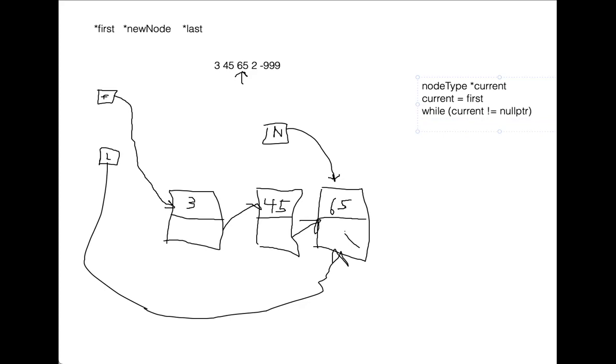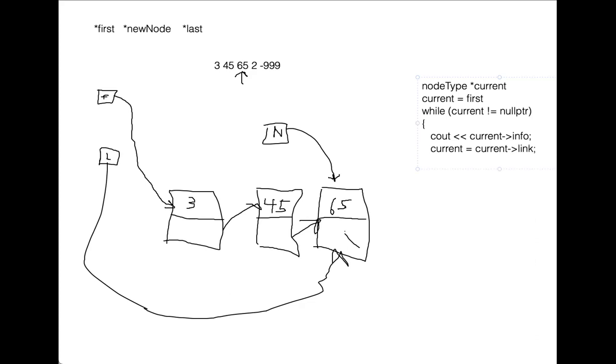Then I could print, so cout current info. And then I need to move it forward by saying current is equal to current link.